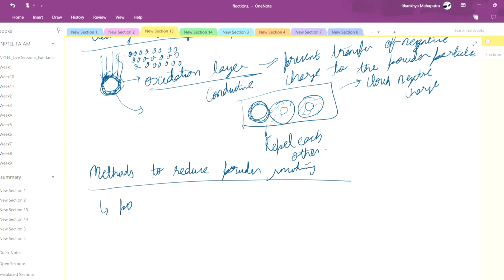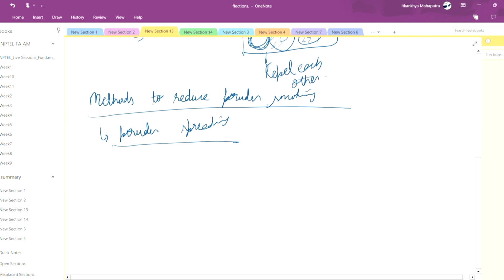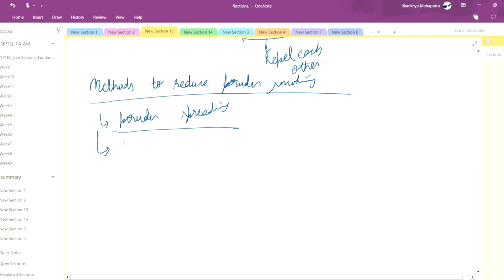How powder is being spread. Okay, this is very important. Powder smoking has synonyms such as powder pushing and powder blowing. This problem can be reduced by preheating.